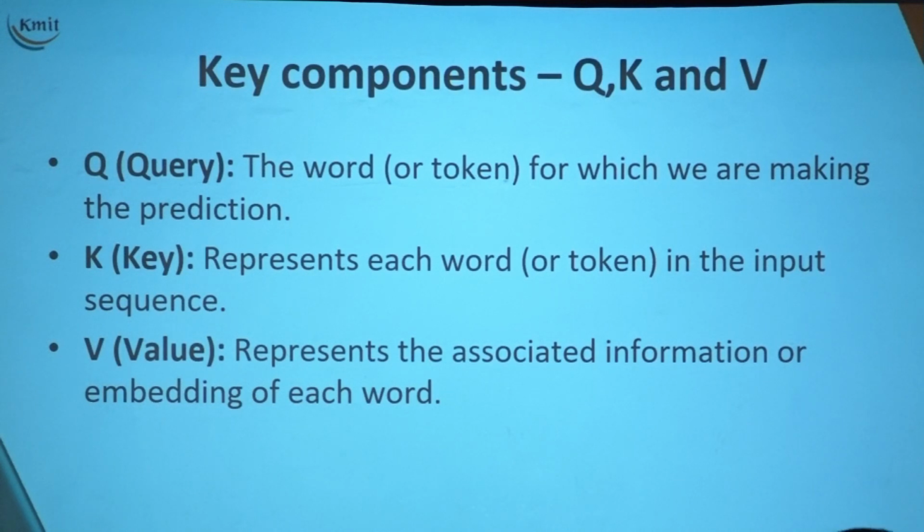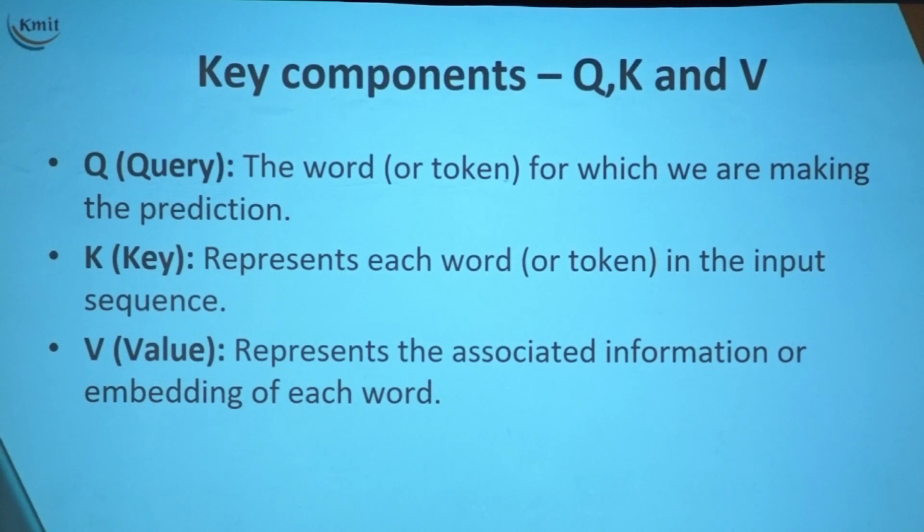If you get attention weights, what does it mean? Every word in your input sequence will have an attention weight. Which one is given priority? The one which has a higher attention weight. So we are going to see how we extract attention weights through the attention mechanism. For that you require three components, Q, K and V. Query is the word that I am calculating attention weight for.